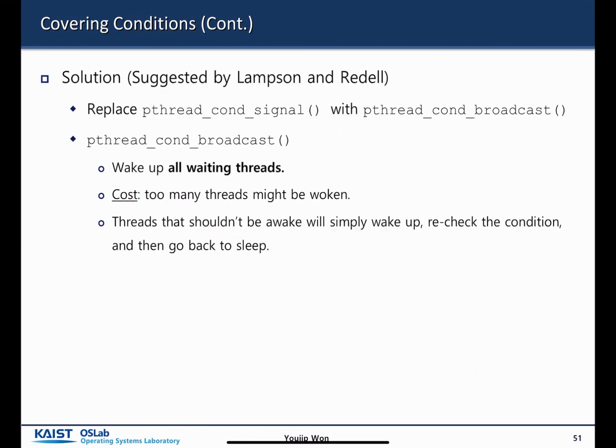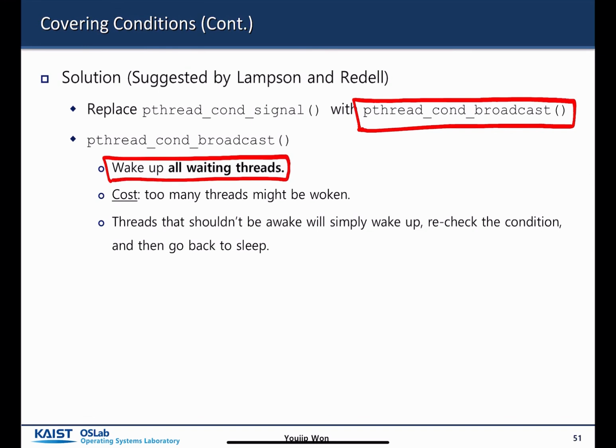To solve that problem, Lampson and Redell proposed a new primitive in the condition variable, which is pthread_cond_broadcast. It is literally a broadcast. pthread_cond_broadcast wakes up all the waiting threads and puts them in the ready queue.